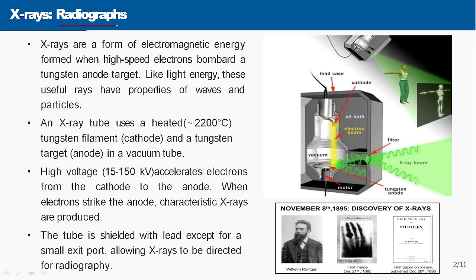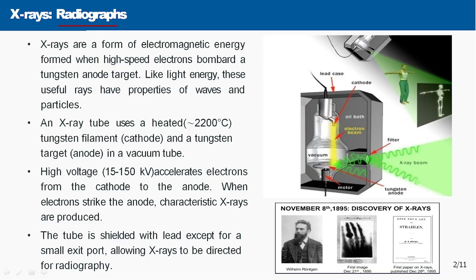Now, these radiographs or X-rays. Mark that the generation of X-rays is similar to a cathode ray tube. Here is one tube, or X-ray generation machine, where on this side we have a cathode and on this side the anode.